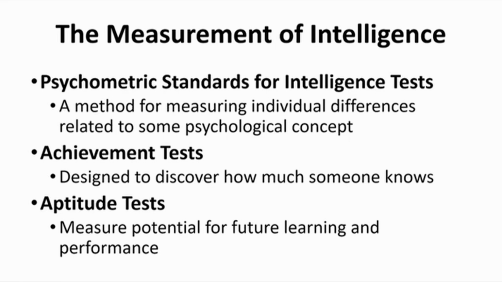How well is it getting at the construct or the concept that they're trying to measure? To evaluate how good of a test it is, we can look at 3 different measurement concepts: reliability, validity, and standardization. And these aren't specific to just intelligence tests or even achievement or aptitude tests. This is for tests in general, so broadly applicable.